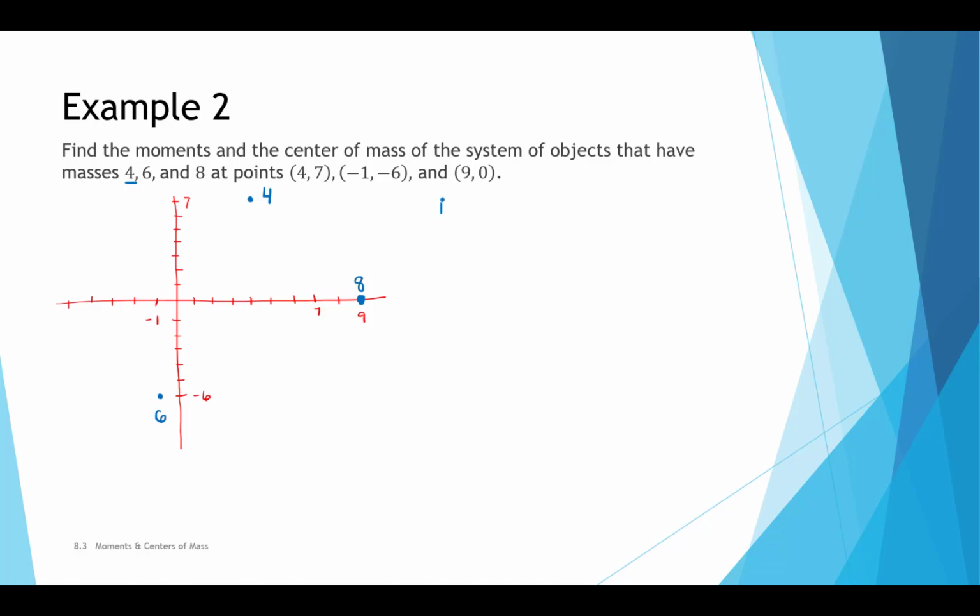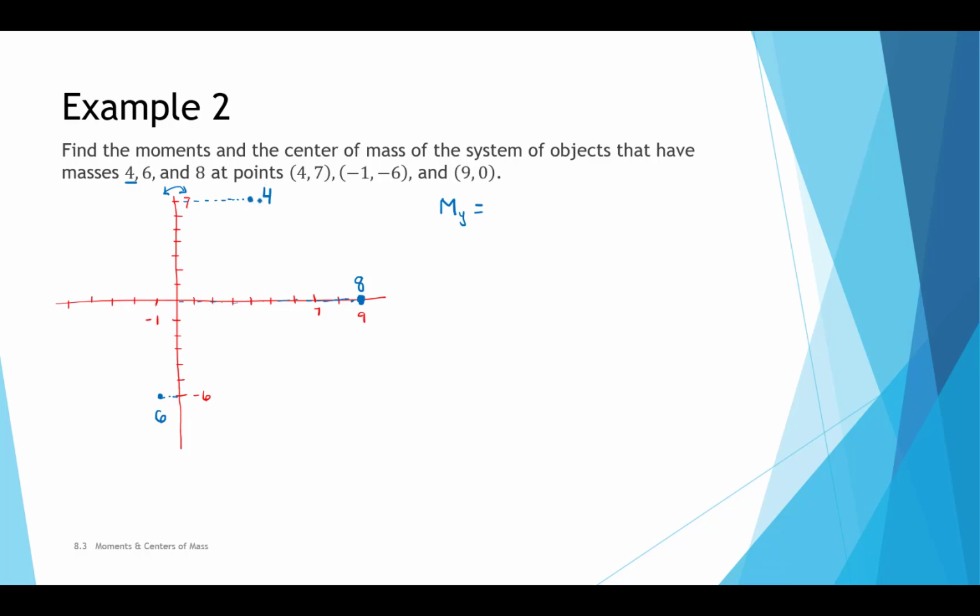So we will find the moment about the y-axis. That's the tendency of these points to cause our entire system to spin about the y-axis. Because we're thinking about spinning about the y-axis, it's the x-coordinate of each point that matters, right? How far away that point is from the y-axis.